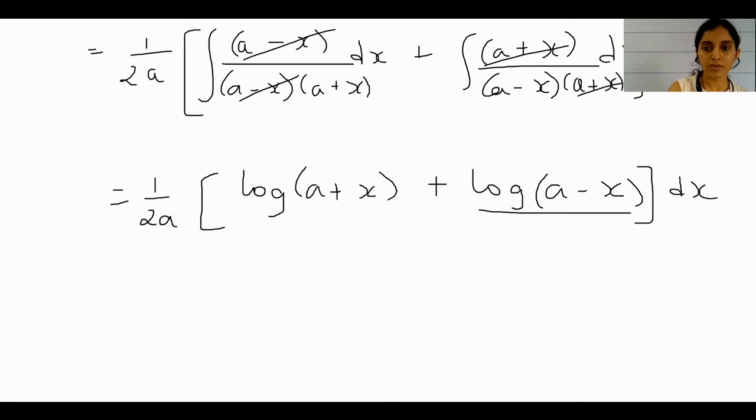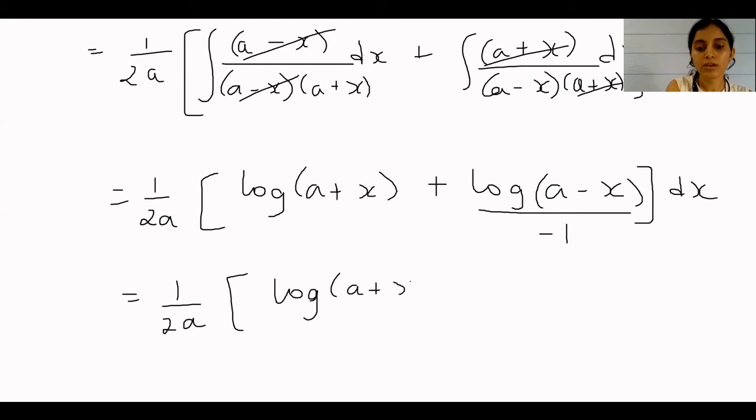Okay, divide by minus 1. Now, why is this divide by minus 1? Can you tell me? If you remember, whenever you take the log of any binomial, you have to check whether x has a coefficient. Here normally x had a positive coefficient, so we did not divide by anything. But here in the second term, it has a minus x, so we have to divide by minus 1, which will be 1 upon 2a log of a plus x, minus log of a minus x.